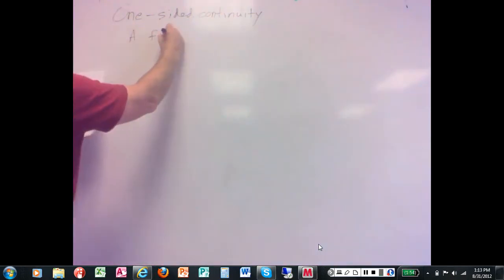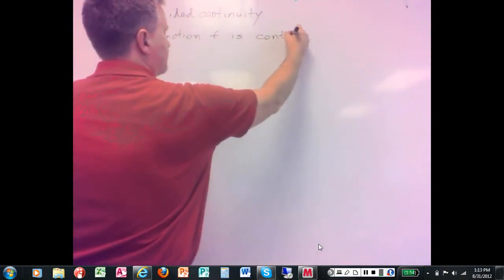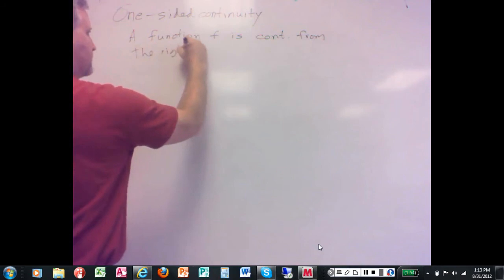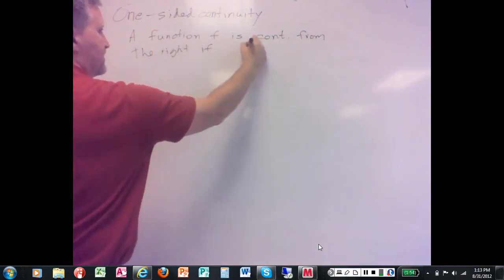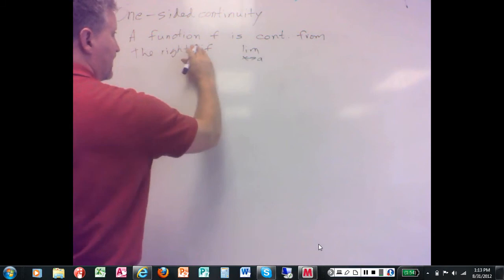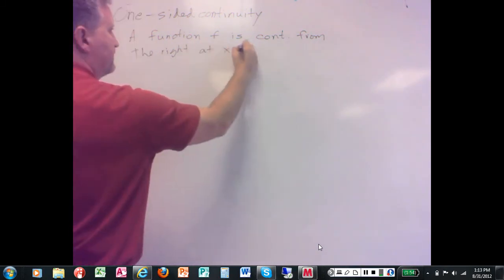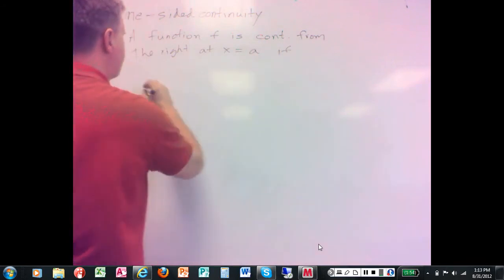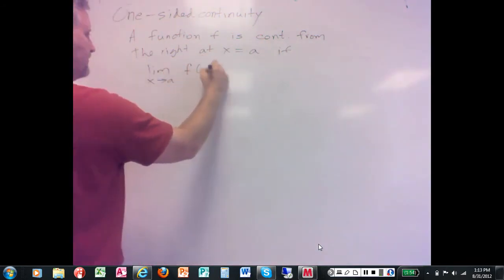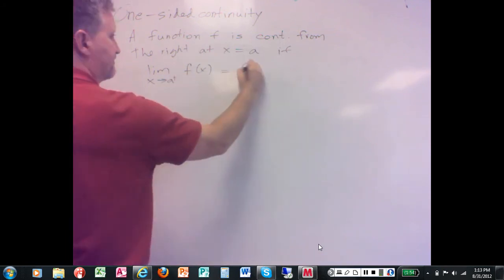A function f is continuous from the right at x equals a if the limit as x approaches a from the right of f of x equals f of a.